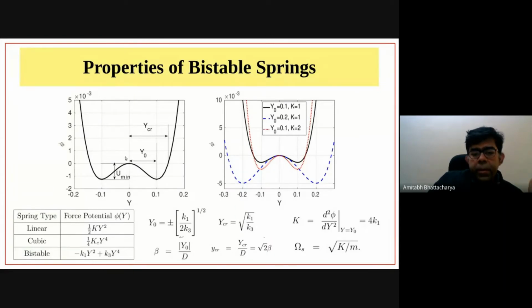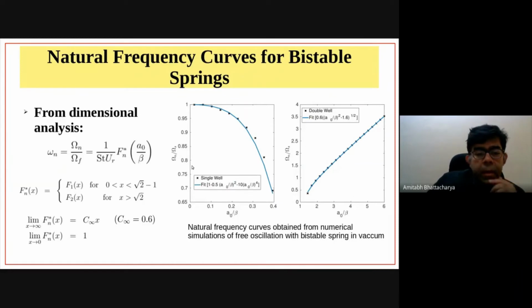If my oscillations increase, then even in vacuum, y versus time can be a pretty complicated function. It will no longer be a harmonic function, because this is a nonlinear spring.